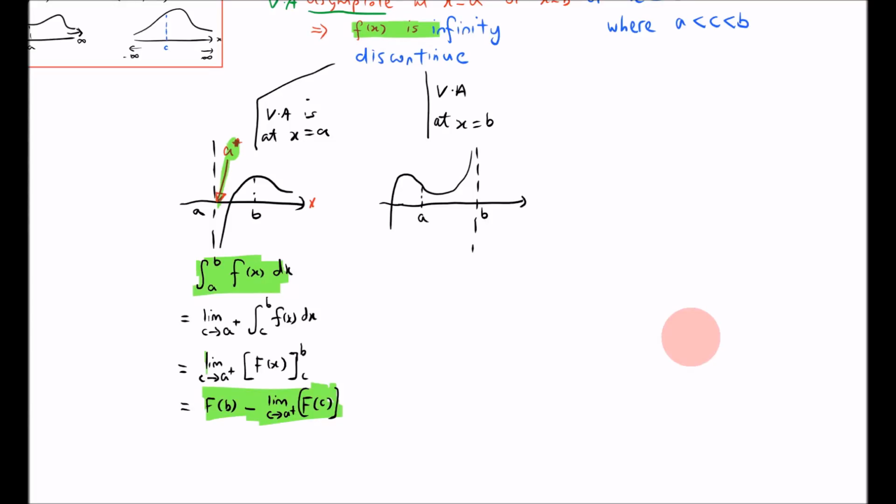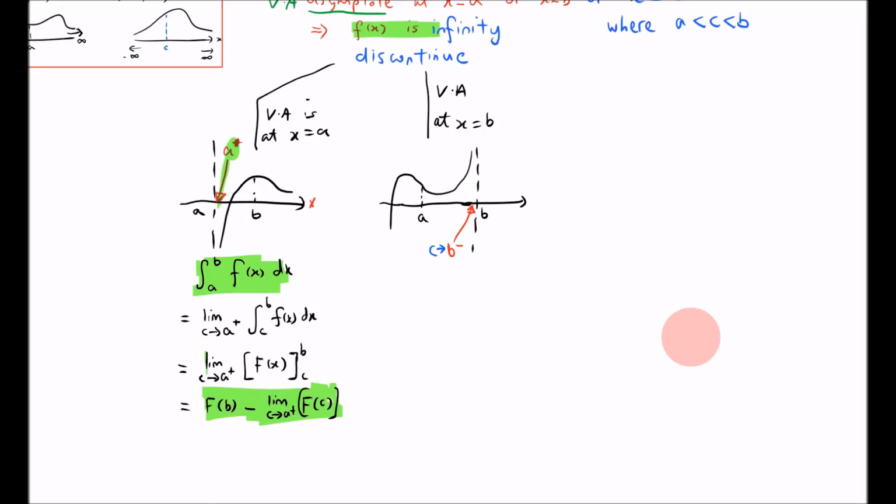Again, you observe that this value is b minus. So you define a c value in your improper integration that approaches this value.